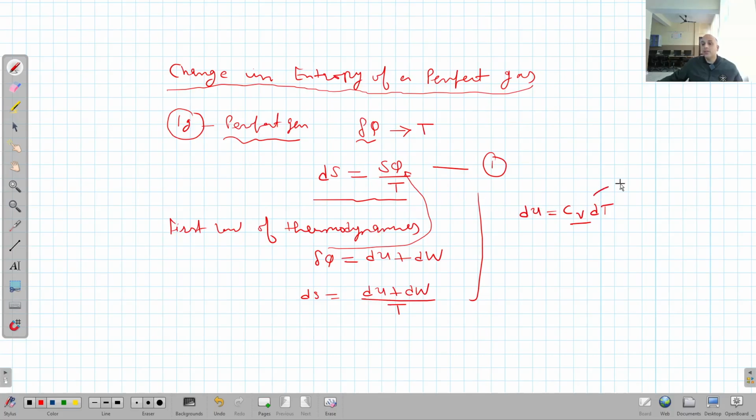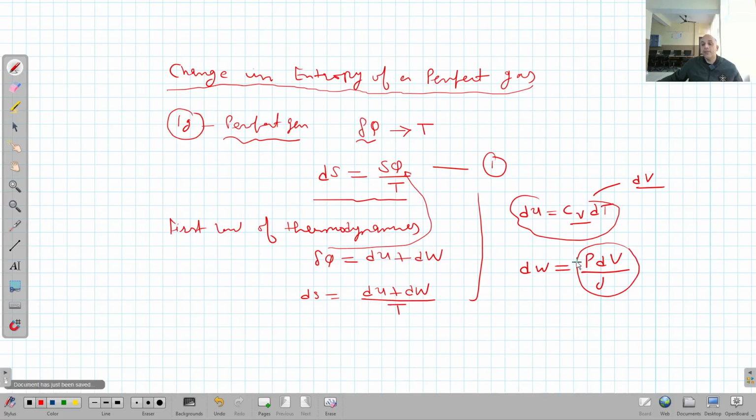Similarly, if dV is the change in volume of the gas, then we have dU equal to Cv dT, and also dW equal to P dV. But we have to divide it by J. J is used to convert this relation into the mechanical equivalent of heat, because dW is mechanical work.